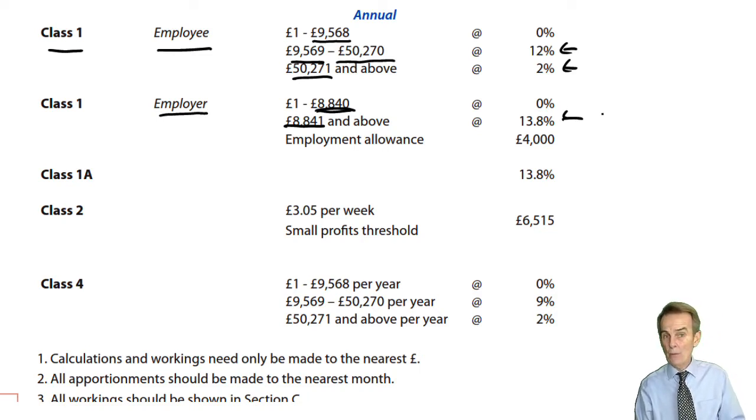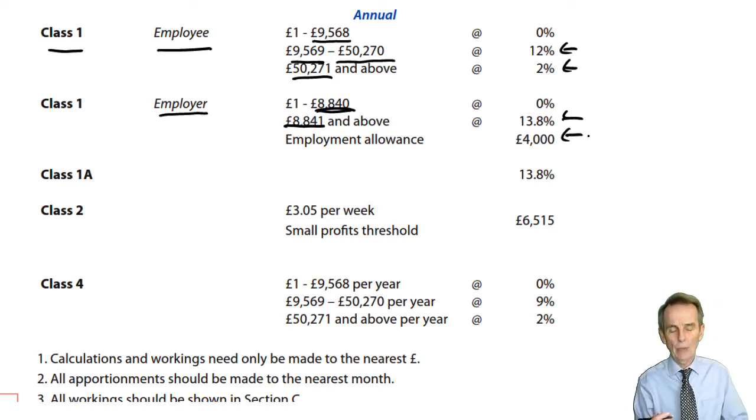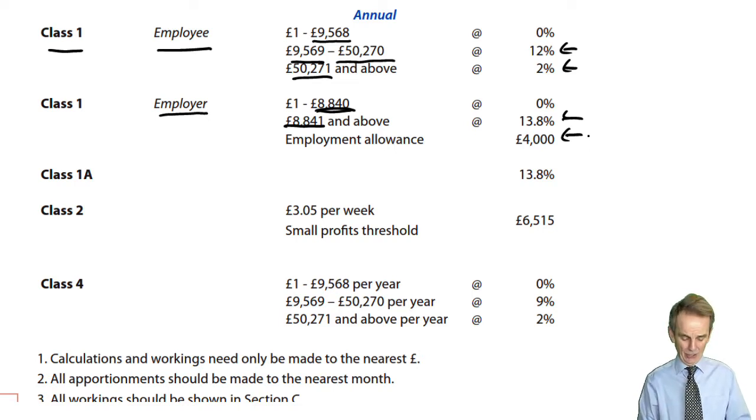But we will have to set against that, unless it is just the director who is the sole employee of the company, the employment allowance of £4,000. That's a total figure deducted from the total Class 1 employer NICs due.